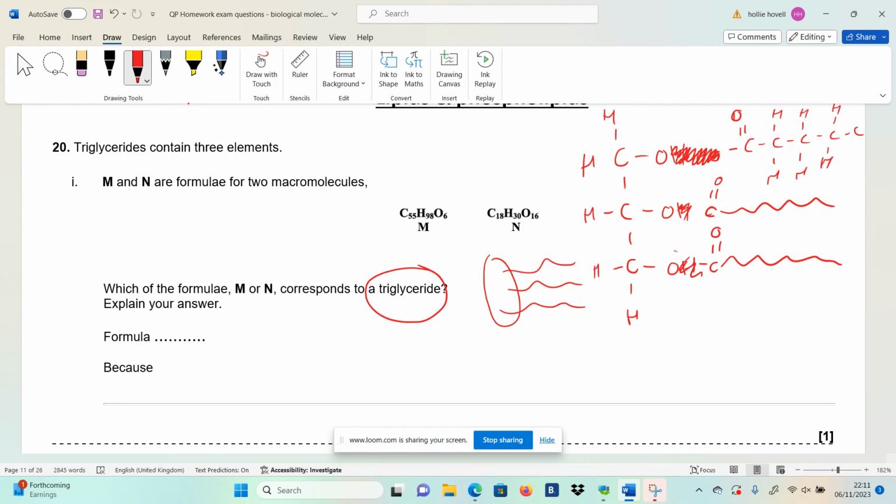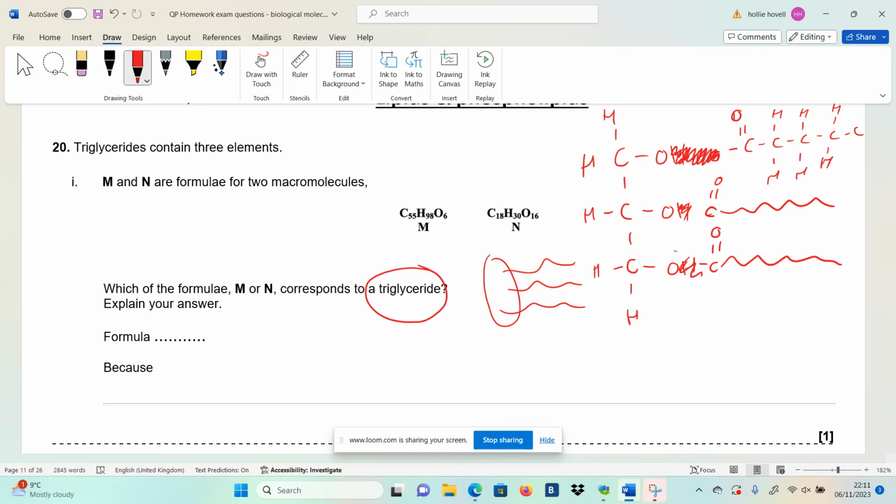So you've got three carbons there, and three carbons there. So you've got 1, 2, 3, 4, 5, 6, plus however many you've got in the chain. So you're going to have loads of carbons. Oxygens, on the other hand, you've got the three oxygens here and the three oxygens up here, so just 6, and then all of those carbons, okay?